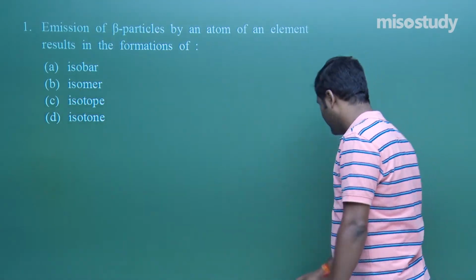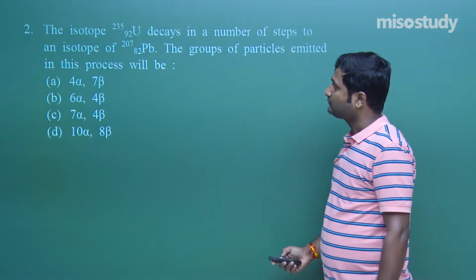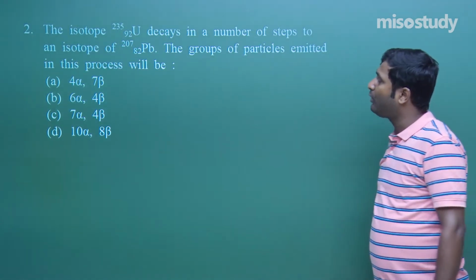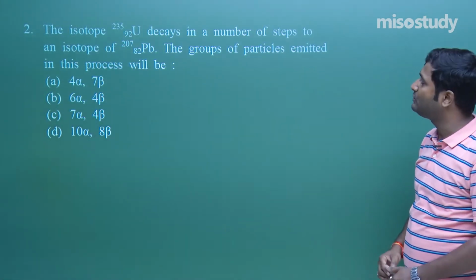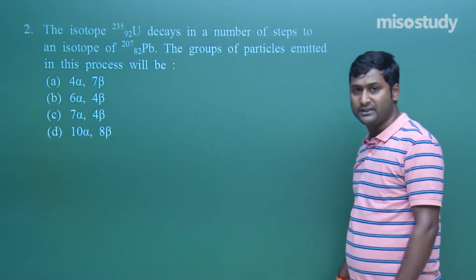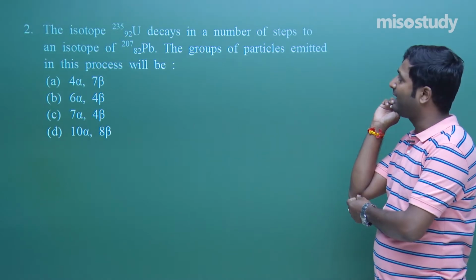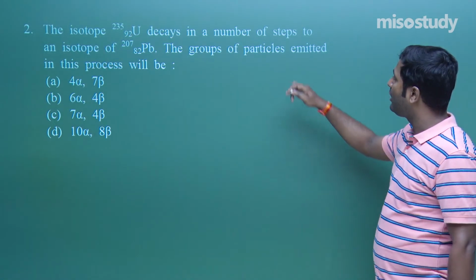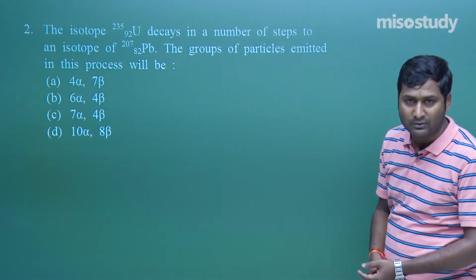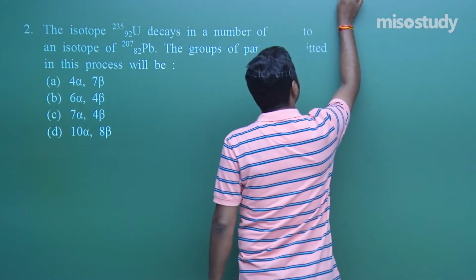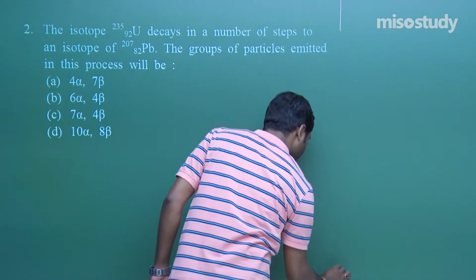Now the next one is: the isotope of U-235 (atomic number 92) decays in a number of steps to an isotope of Pb-207 (atomic number 82). The group of particles emitted in the process. Now how many particles are emitted in the process?